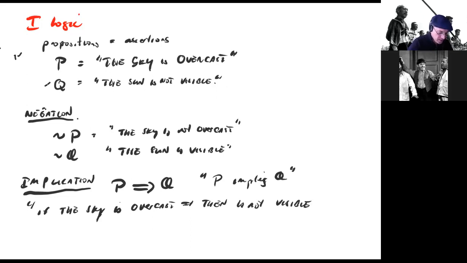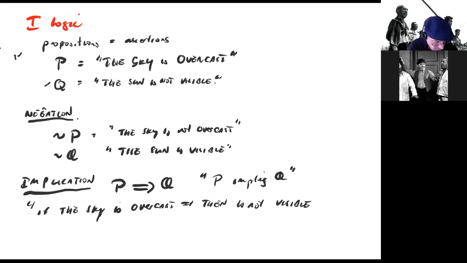Now, we have other ways of forming implications, which may or may not be equivalent to this proposition. By the way, two propositions might be equivalent, which means that one implies the other.